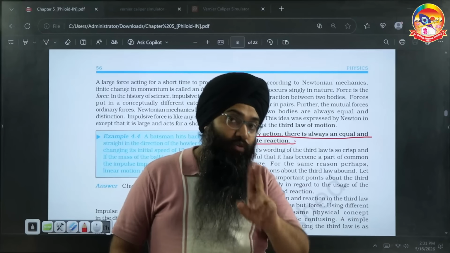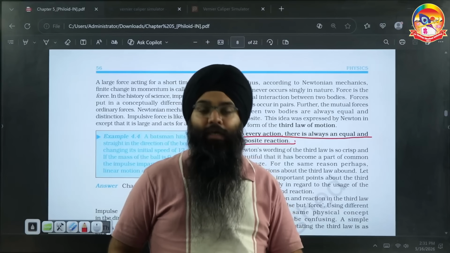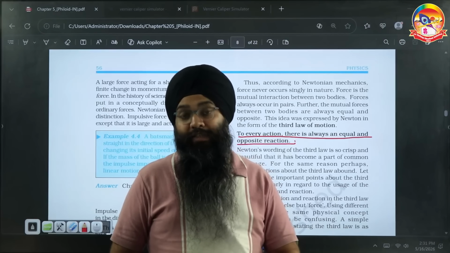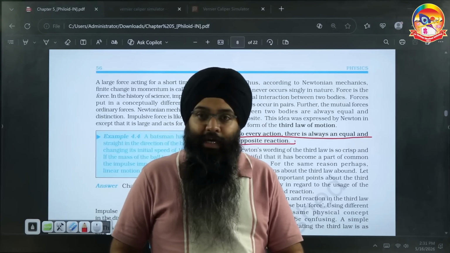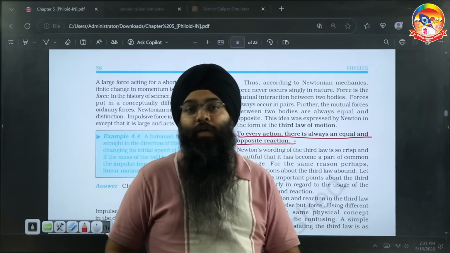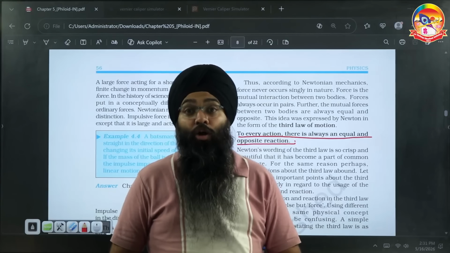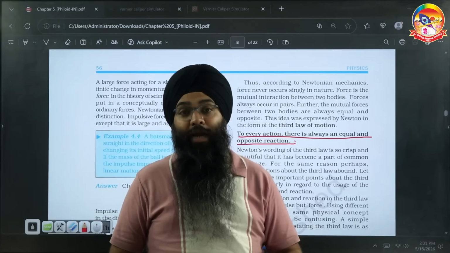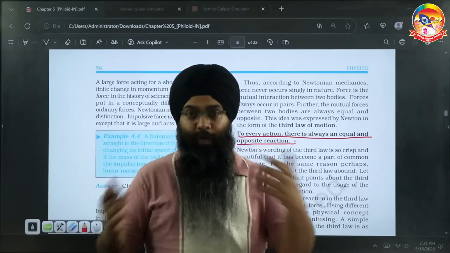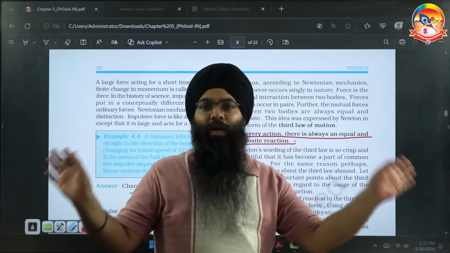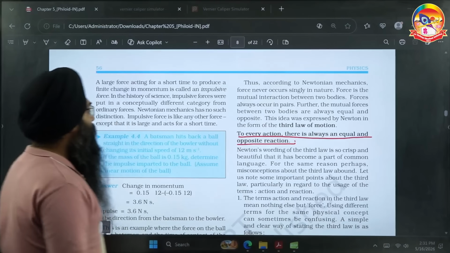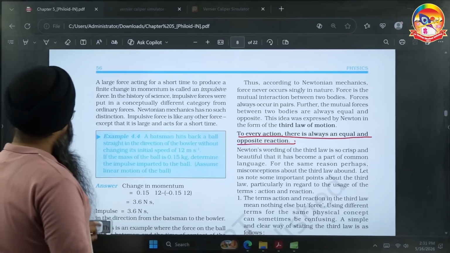The action reaction forces should be instantaneous. The action reaction forces should be of the same nature. The action reaction forces should always be applied on different bodies. They cannot be applied on the same body, and they should be equal and opposite in nature. So these are some terms based on the concept of action and reaction.